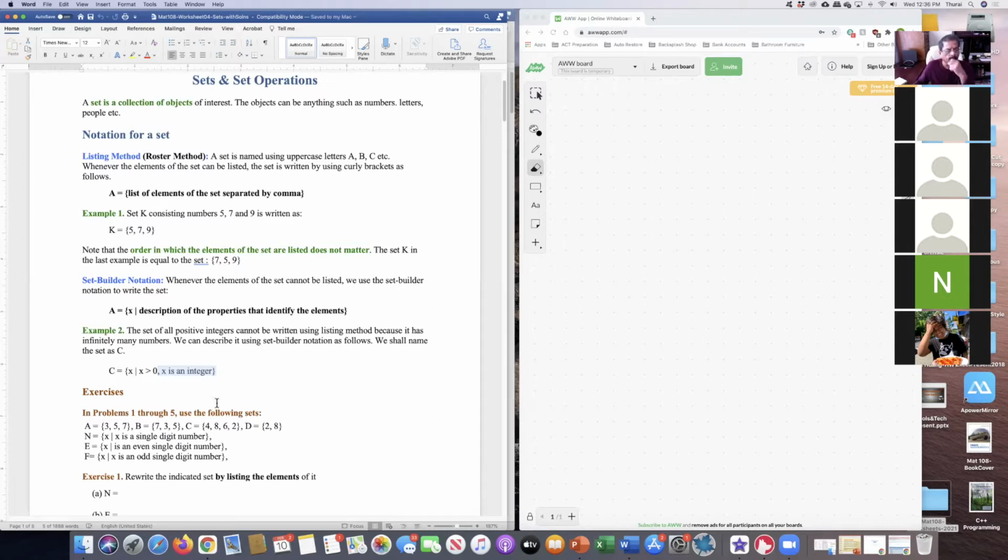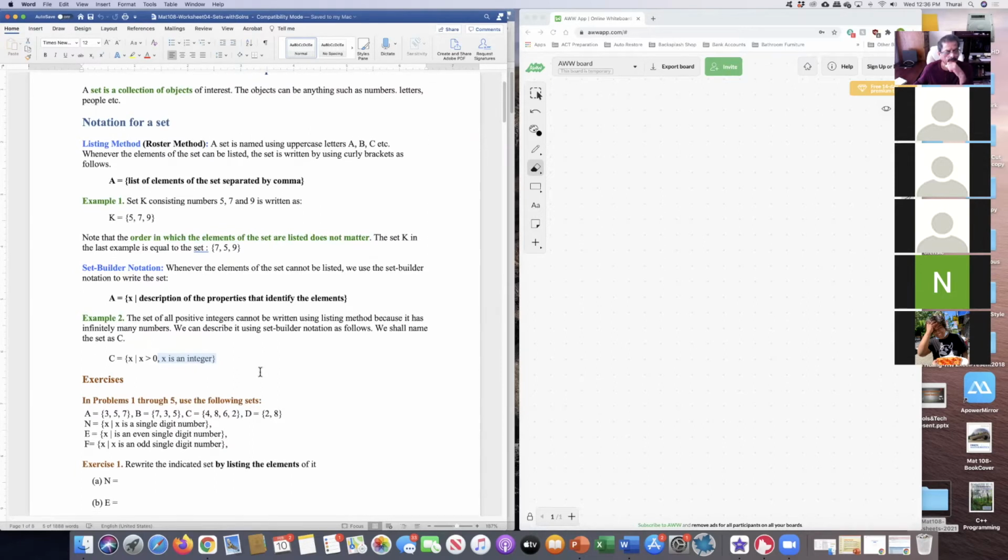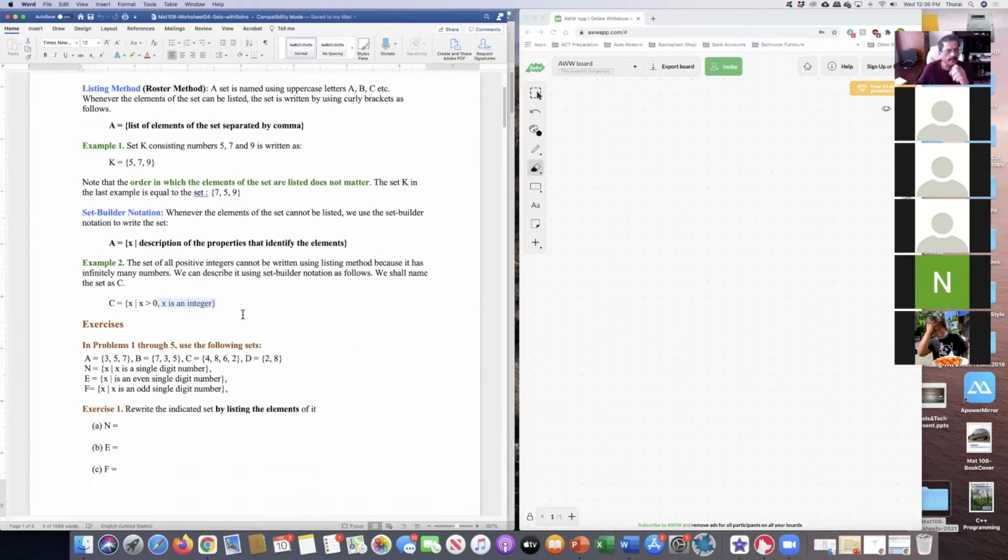There may be more than two rules. There may be sometimes one rule, doesn't matter. You can list all the rules inside. That describes the entire set. So this set, we cannot convert it to a list. We cannot write this set as a list. It can only be written this way using the set builder notation.